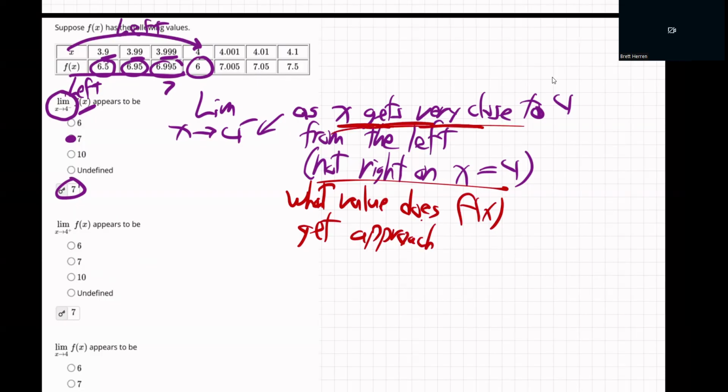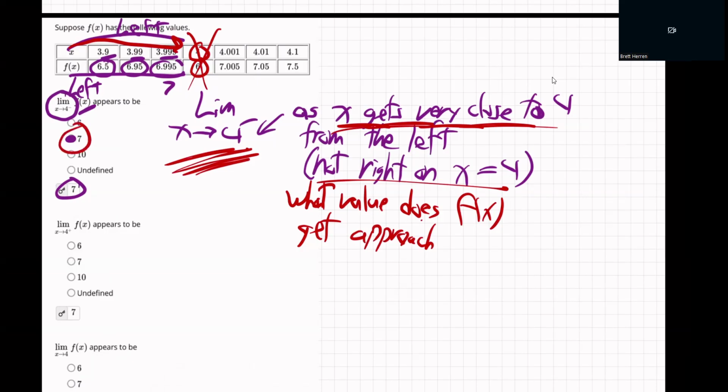So as x gets very close to 4, not right on 4, we can't use this at all, because these values here are when x is exactly 4, then f of x is exactly 6, but we can't use those. Instead, we're just going to use these values because that's what a limit means. A limit means as x gets really close to 4 from the left, what is the f of x getting close to? And the answer is 7.